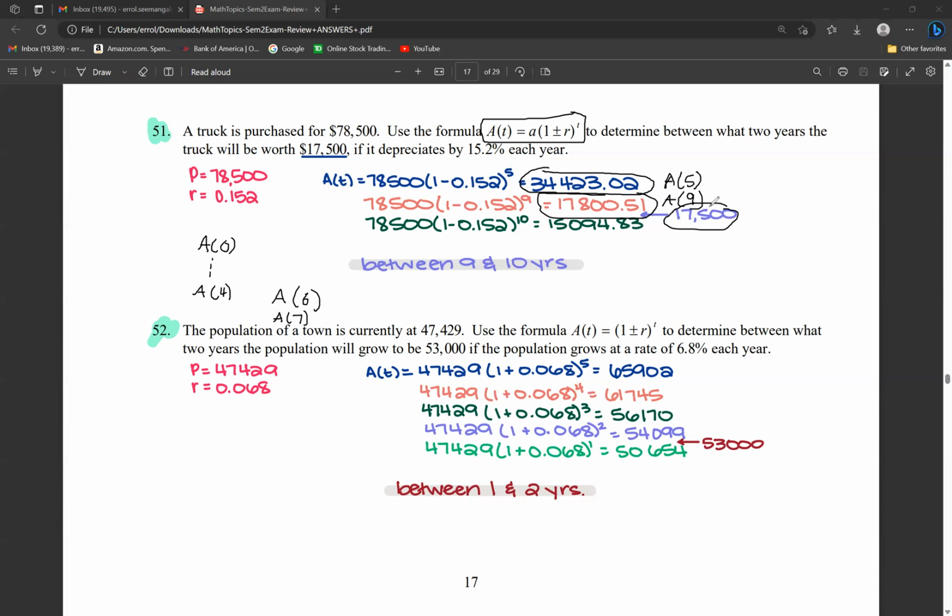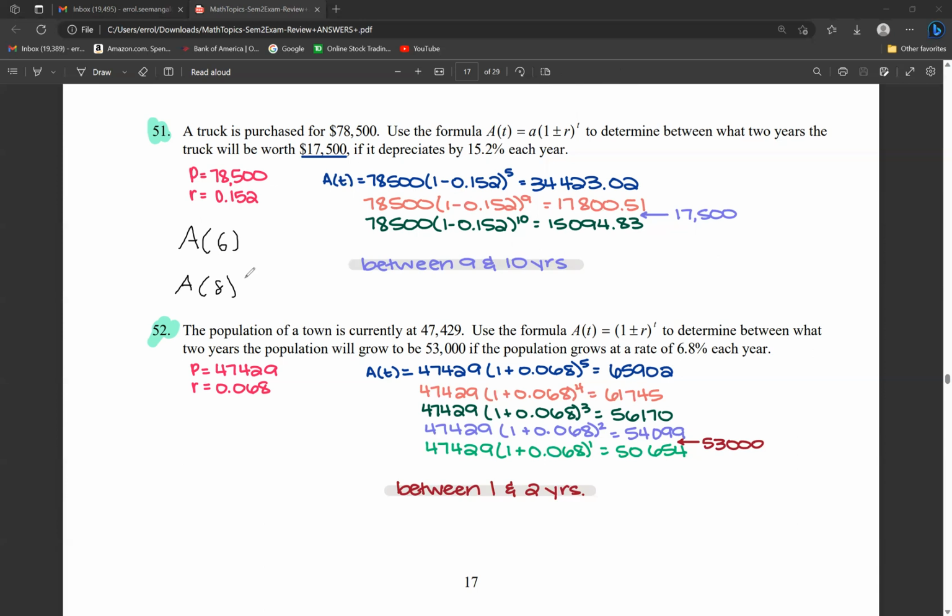So it's got to be between the 9th and 10th year. Or you could maybe, if you're lucky, try A6 or A7 first and see what the answer is. If it's still above 17,500, then maybe you try A8 or A9.